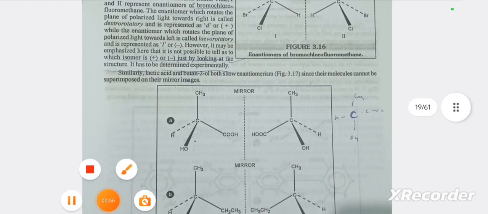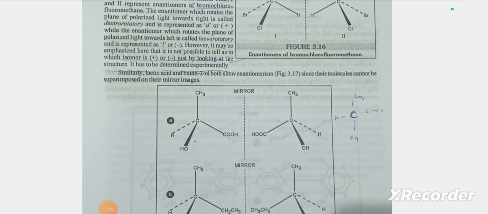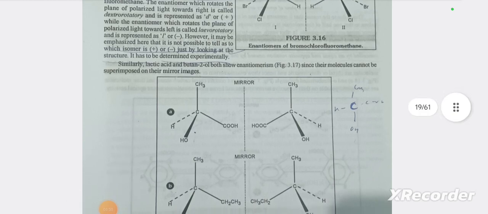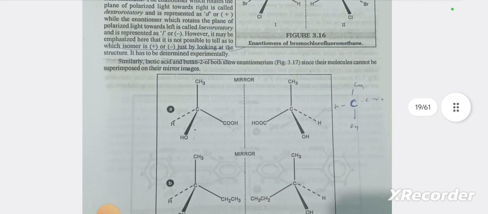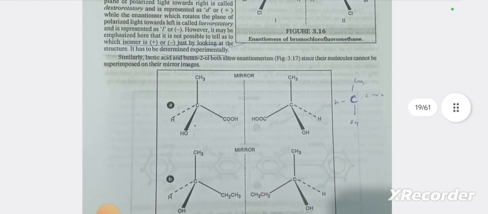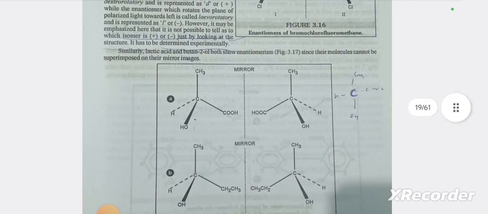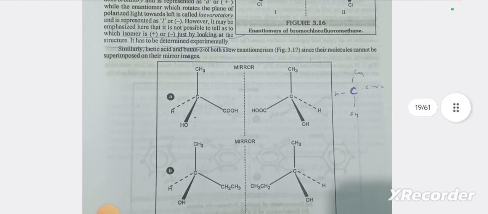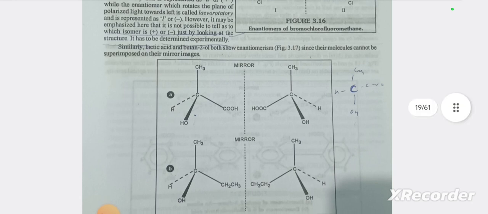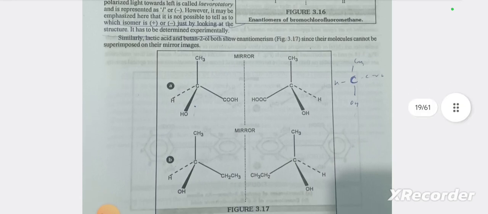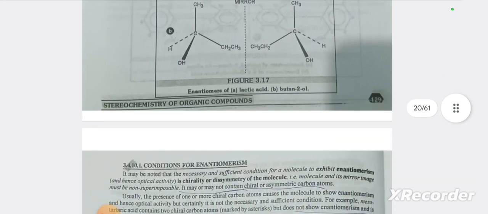Thus, first and second represent enantiomers of bromochlorofluoromethane. The enantiomer which rotates polarized light towards the right is called dextrorotatory, represented by D or a plus sign, while the enantiomer which rotates the plane of polarized light towards the left is called levorotatory and represented by L or a minus sign. However, it may be emphasized here that it is not possible to tell which isomer is plus or minus just by looking at the structure. It has to be determined experimentally.